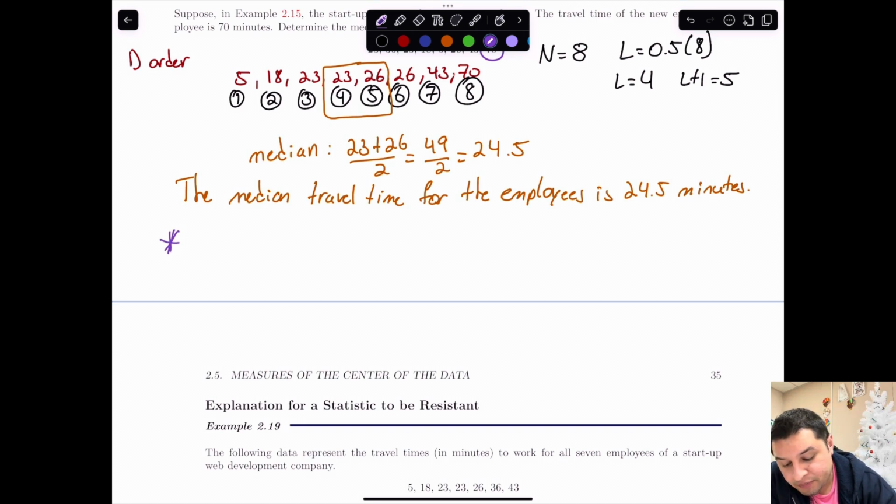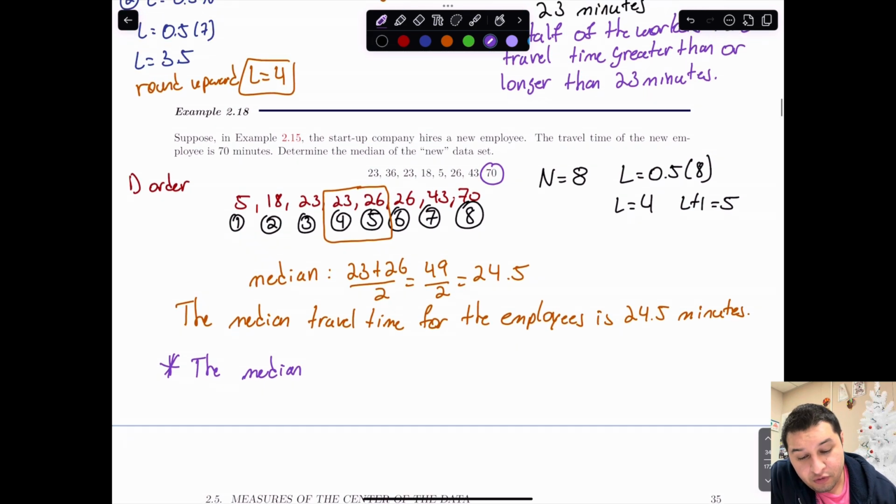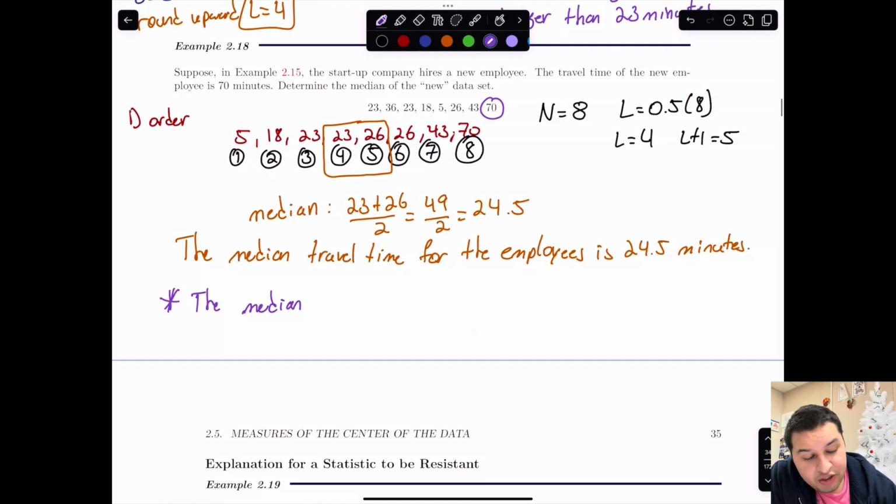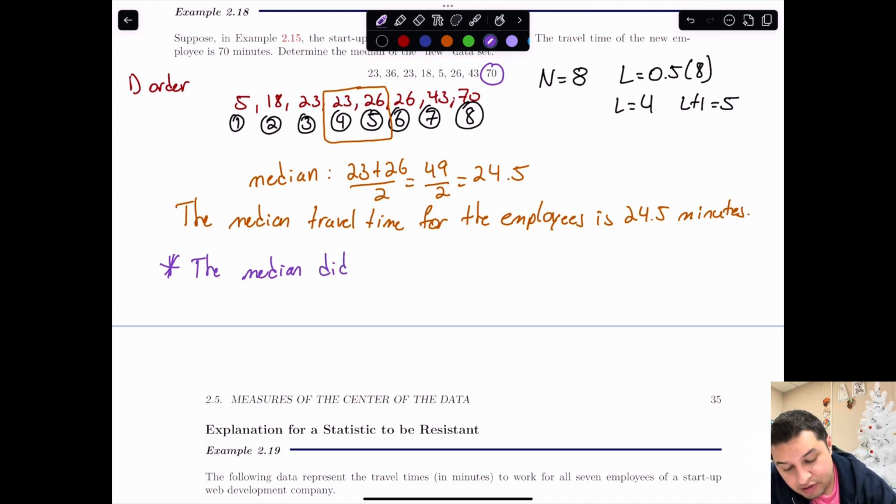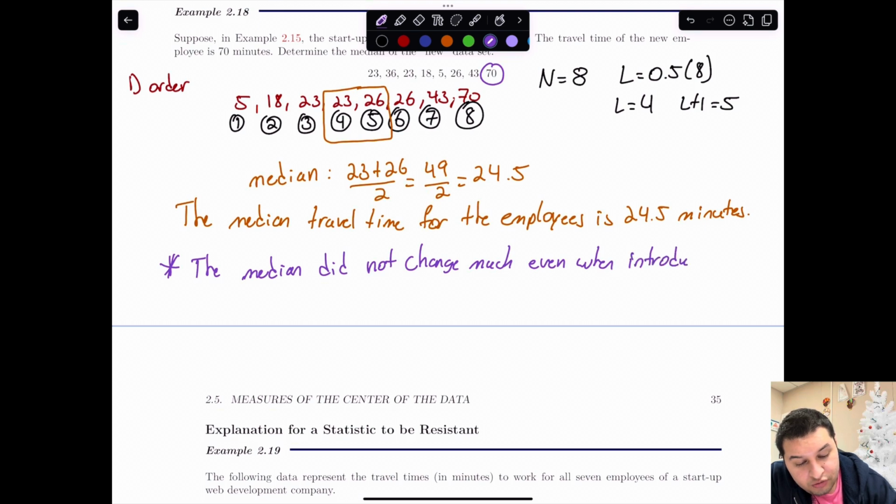Something I want you guys to note here is that the median, when comparing it to the one before, didn't really change very much. So the median did not change much even when introducing a large outlier, a large or extreme value.